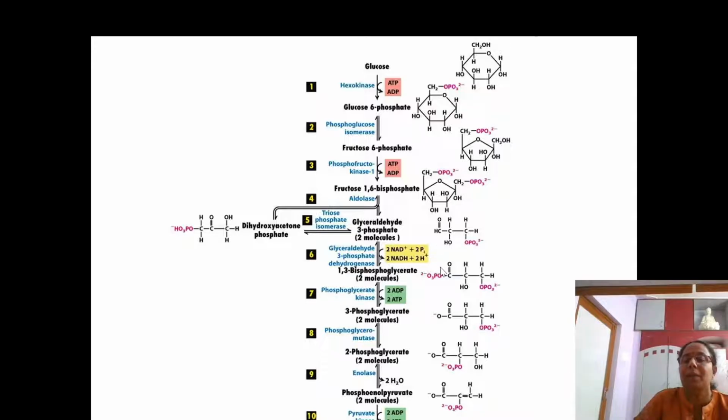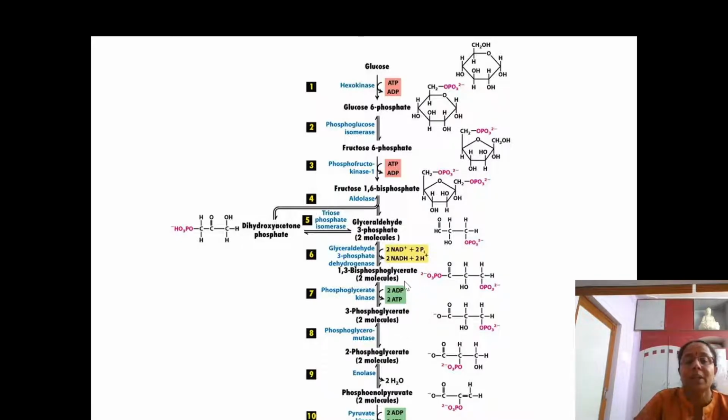See, at the first carbon atom you have got a phosphate group, and here 2 NAD plus is required, which undergoes reduction to NADH and H plus. And the enzyme is glyceraldehyde 3-phosphate dehydrogenase, which is a very complex enzyme. This very complex enzyme converts G3P into 1,3 bisphosphoglycerate.